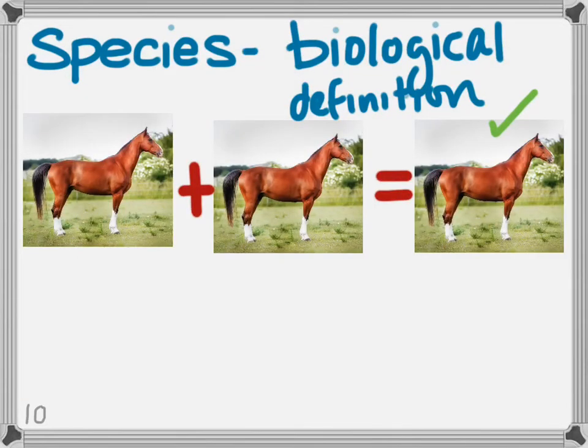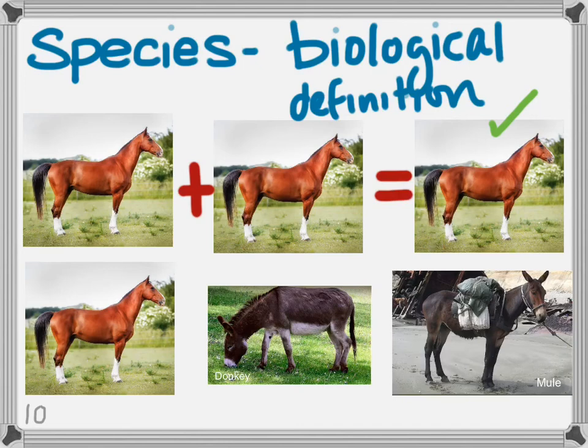Enter the next way humans define species, based on the production of offspring. Since basing species solely on morphology didn't work so well, we went to defining species based on the ability to breed and produce fertile offspring. This means that a horse and a horse can breed and produce offspring that's capable of reproducing.